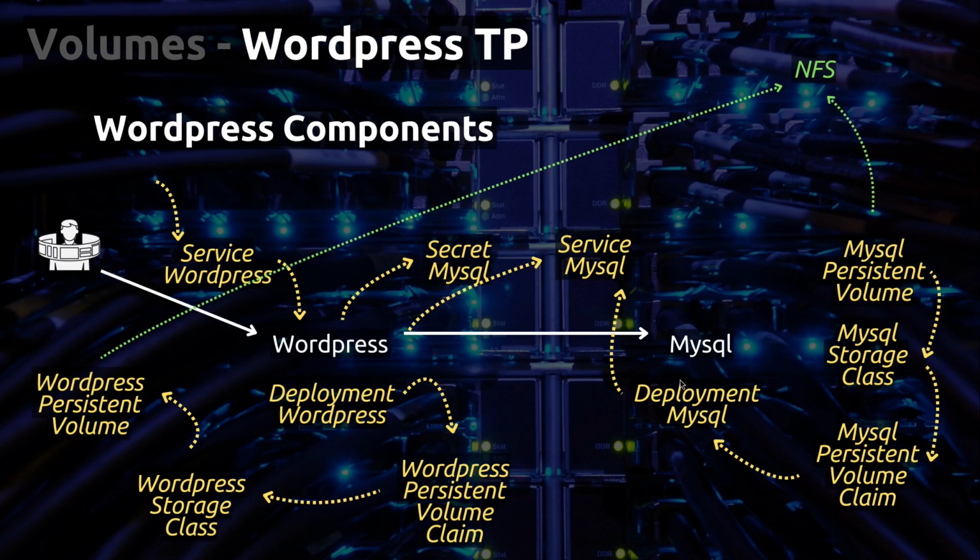But if you want to follow this diagram, you need to create a MySQL deployment and set into it the persistent volume claim dedicated to MySQL. We will use a MySQL storage class as well, mount a persistent volume, and connect to our NFS server.